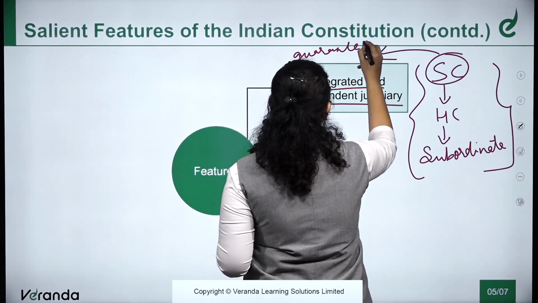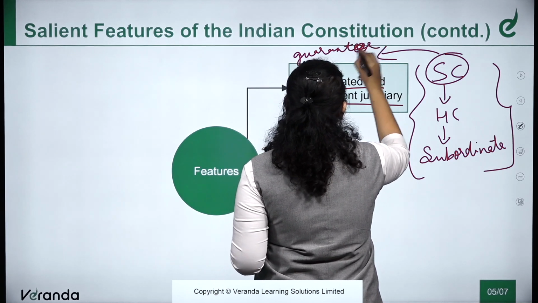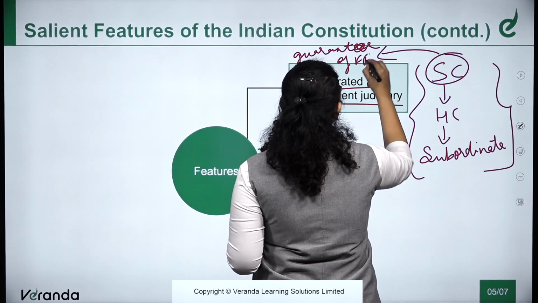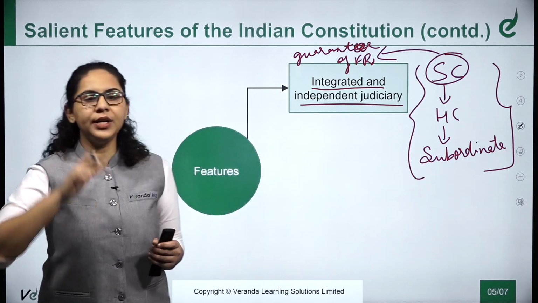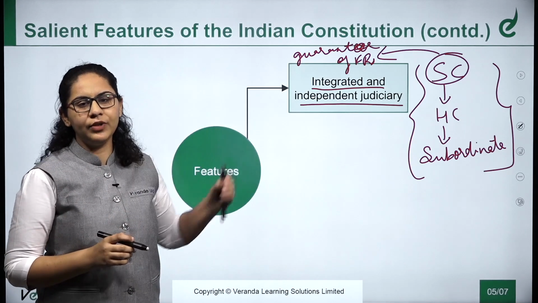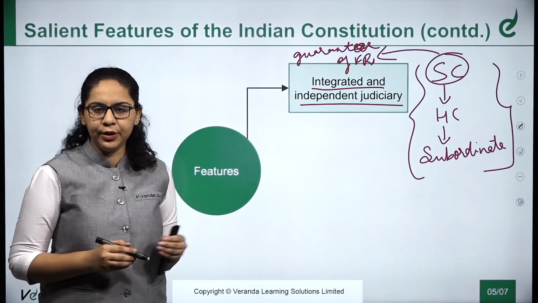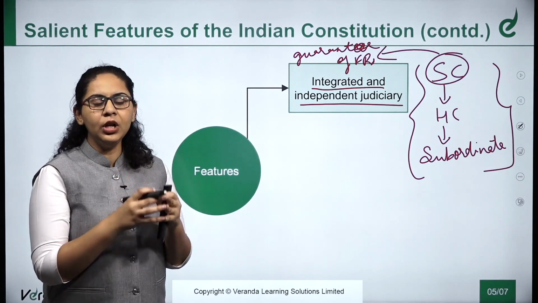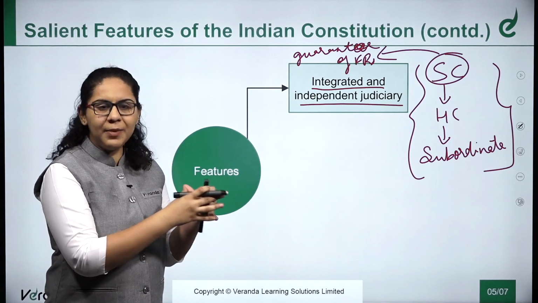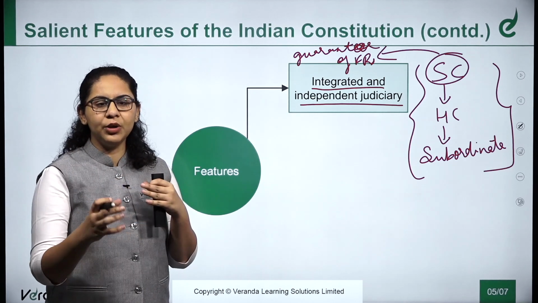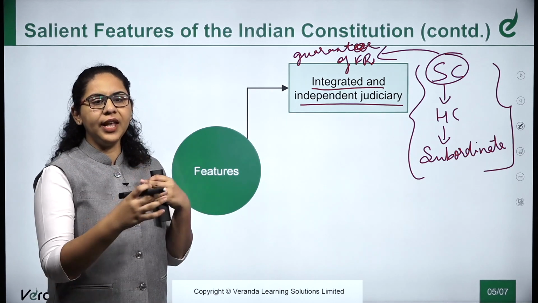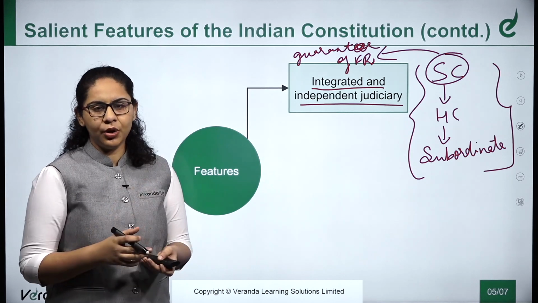Supreme Court is the last body, authority where we can challenge any of the decisions of high courts and subordinate courts. Supreme Court has the role to protect fundamental rights, protect the constitution, and make sure that all the executive and legislations work in congruence with the Constitution of India.